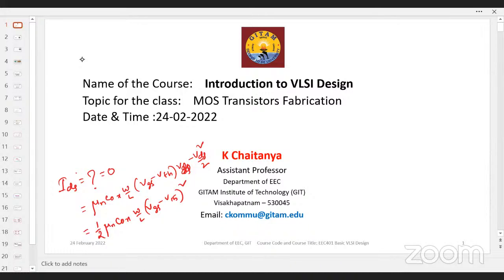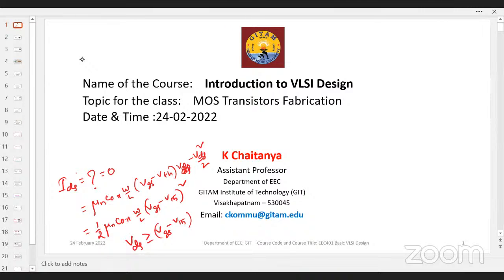At what value of VDS? Under the condition VDS is greater than or equal to VGS minus VTH. The detailed discussion we have studied in the previous sessions, right? So this is what is important.